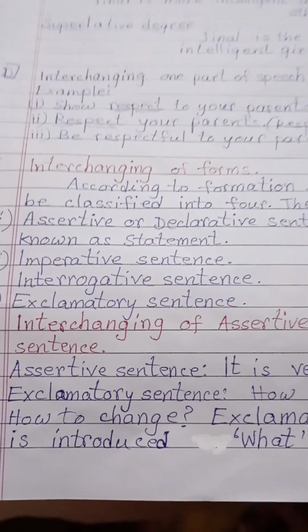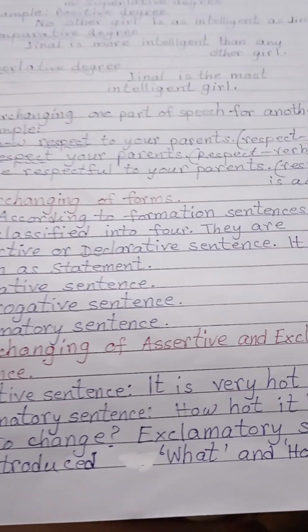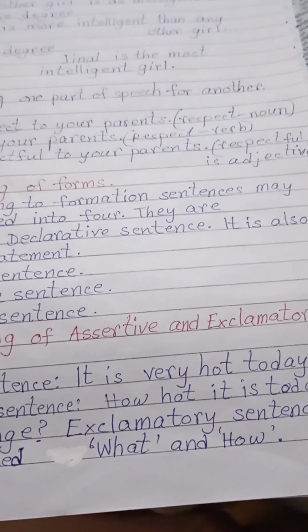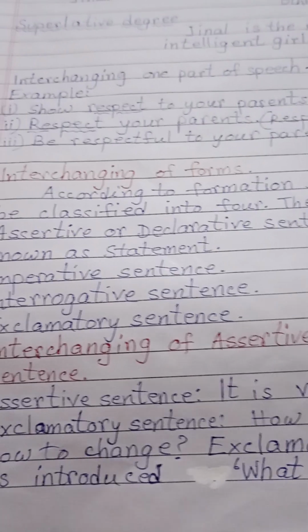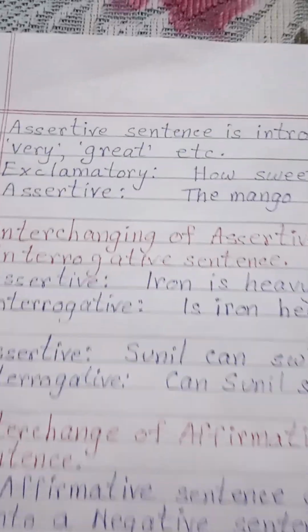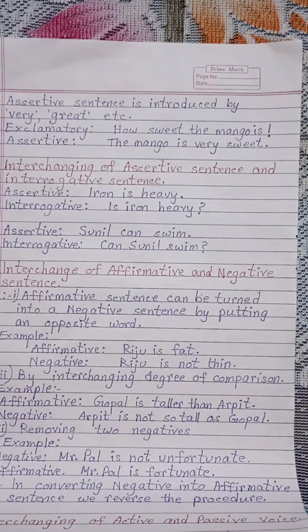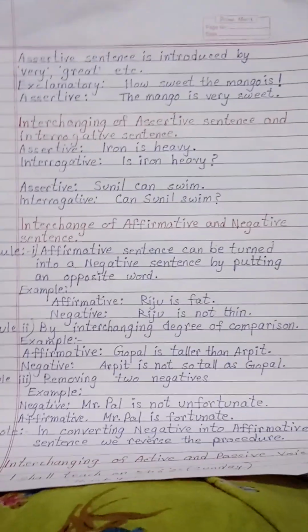So what the rule? Exclamatory sentence is introduced by what and how. Assertive sentence is introduced by very, great, etc.